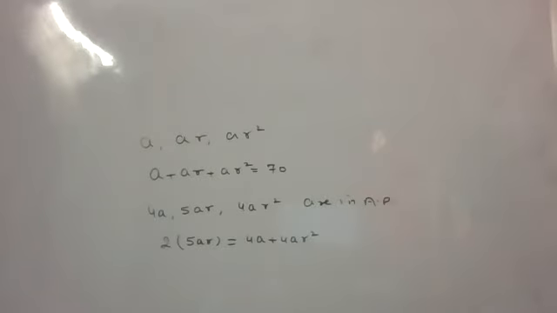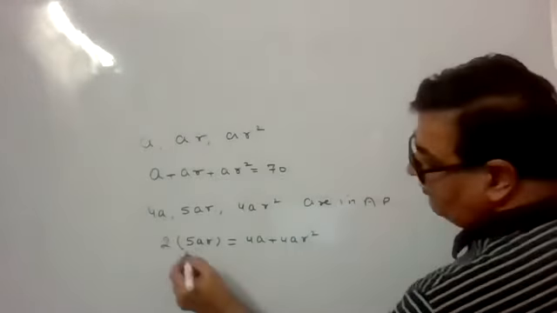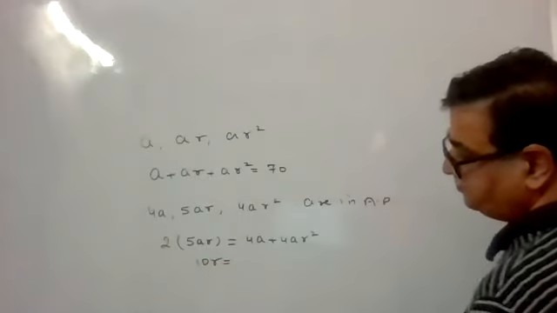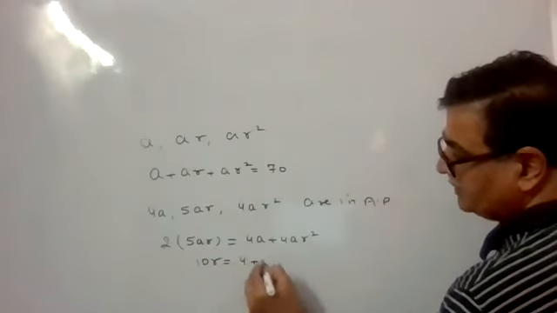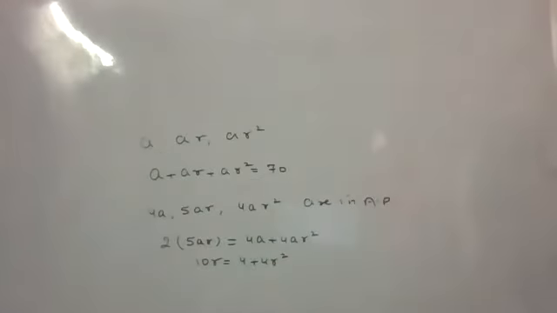A is clearly common, so cancel it. So what will come? It will be 10R equals 4 plus 4R square. Then you can write this as 4R square minus 10R plus 4 equals 0. More simplification, it will be 2R square minus 5R plus 2 equals 0. Can you split the middle term here?